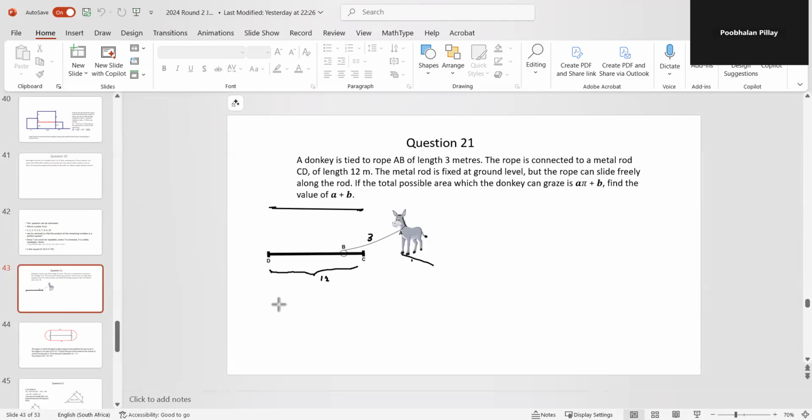So all these points here are also attainable. But from here onwards, you're going to get a semicircle because it can't go beyond the 3 meters. So you'll have a semicircle of radius 3, and here too you've got a semicircle of radius 3.